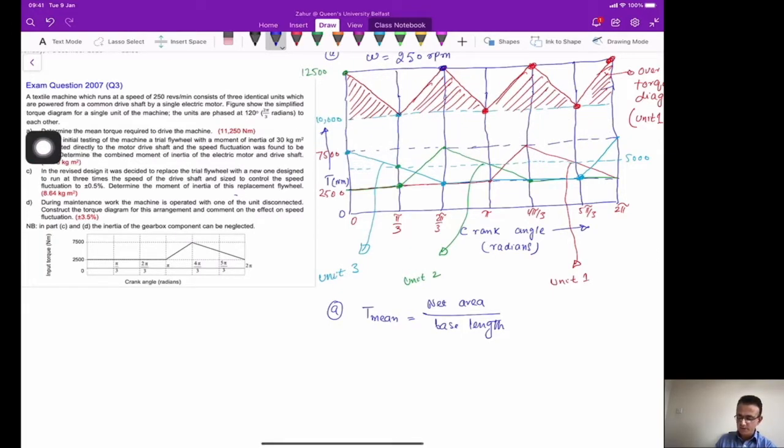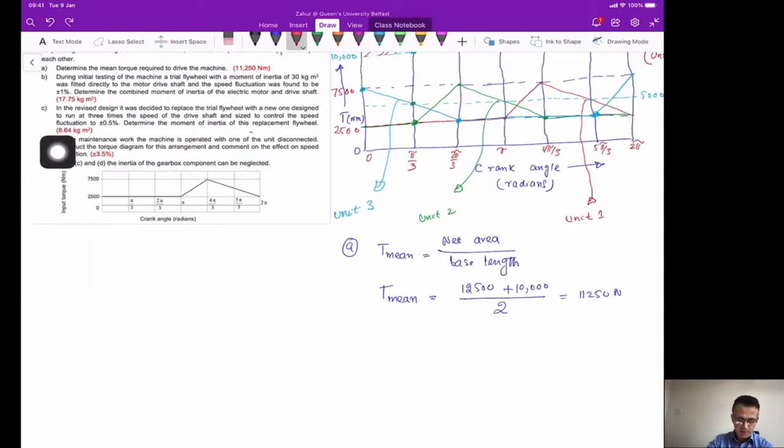So if you want to calculate the mean torque in this specific case, you can just find the average of these 2 torques, which is 12,500 plus 10,000, divided by 2. So this will give you a value of 11,250 Newton meter. So this is the mean torque in this case.